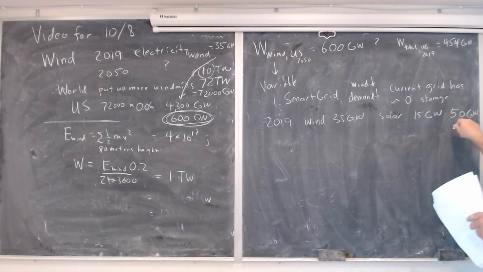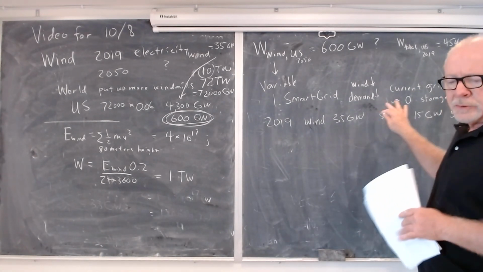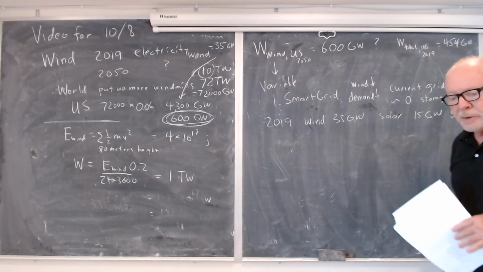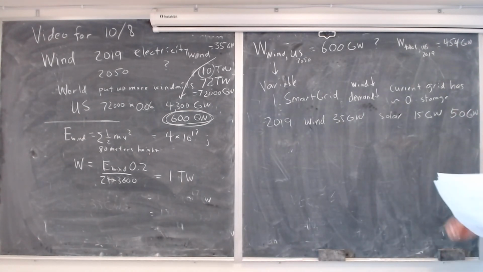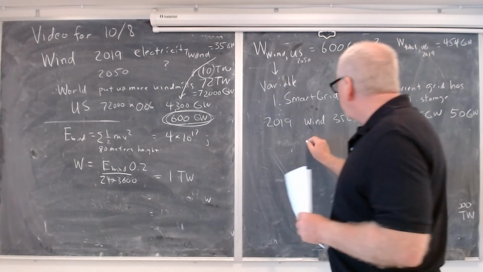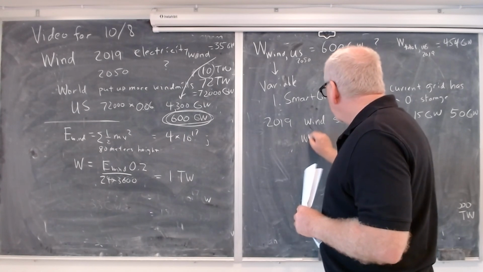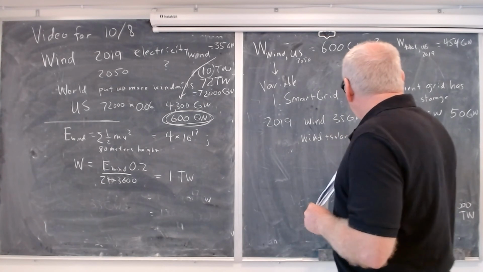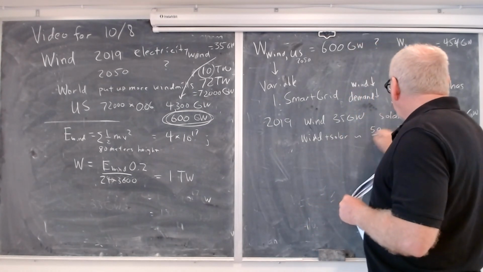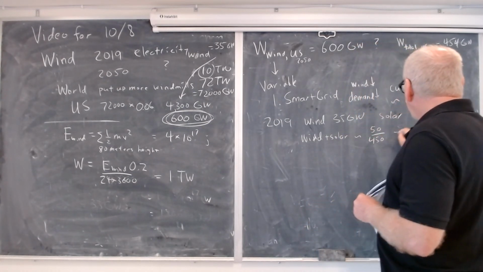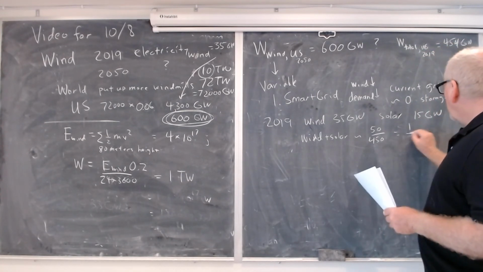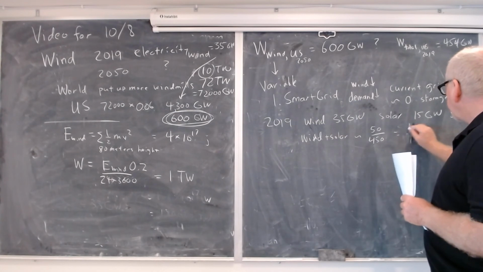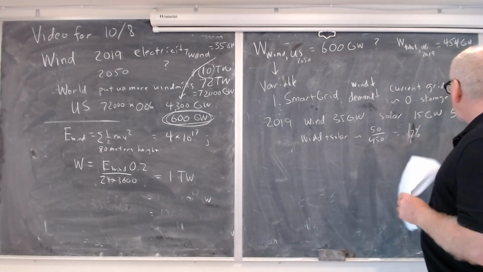And of course, solar is variable as well. In other words, it's intermittent. So right now, in the year 2019, wind plus solar is somewhere around 50 out of 450, or 1/9, whatever that works out to be, somewhere around 12%, I think, of U.S. electricity.